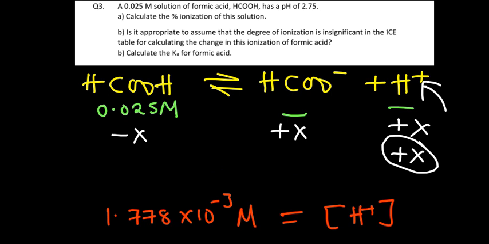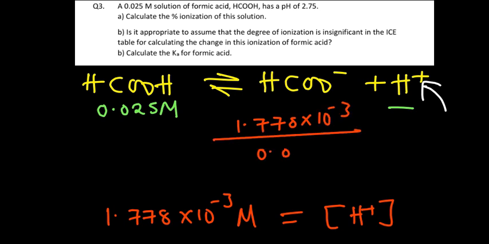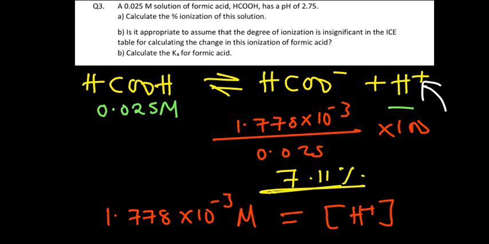So to find the percentage of ionization, it's x divided by the initial concentration: 1.778 times 10 to the power negative 3 divided by the initial 0.025, times 100. The value that I'm getting is 7.11%. That's the percentage of ionization.